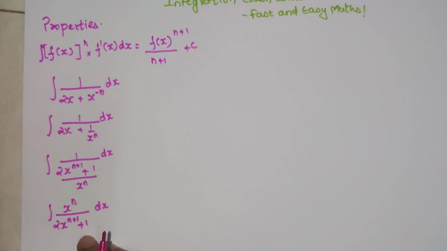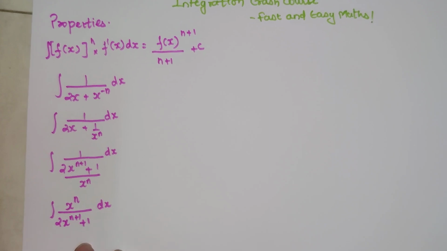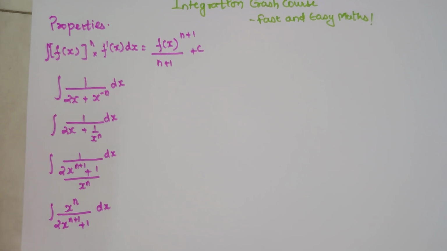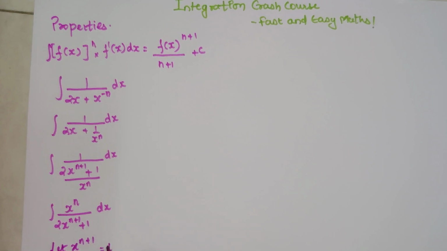Okay, so now here, if you can see, this looks tricky but can be manageable if we take 2 into x raised to n plus 1 as nothing but t, right? By substitution method we can manage this. So let x raised to n plus 1 be equal to t.